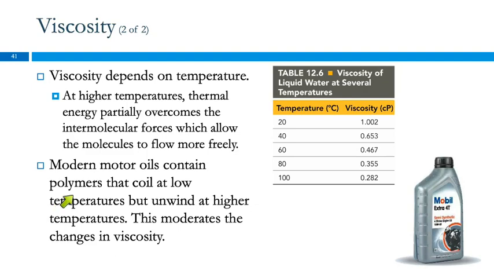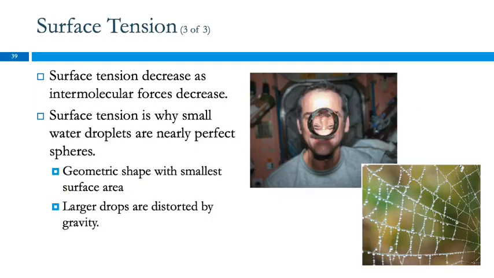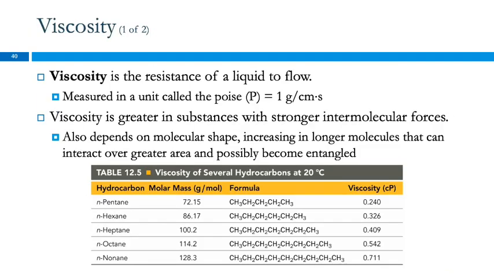They have polymers in them that coil up at low temperatures, but they unwind at higher temperatures. So at a high temperature, these polymers unwind. They become more like this nonane down here, really long, and so they tangle with each other and have a higher viscosity.